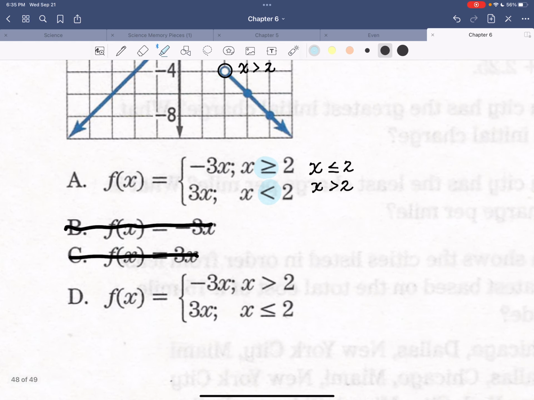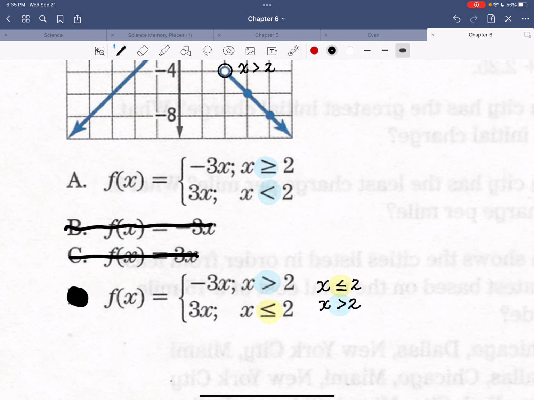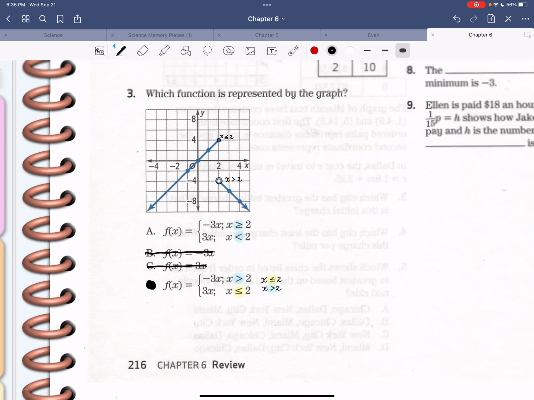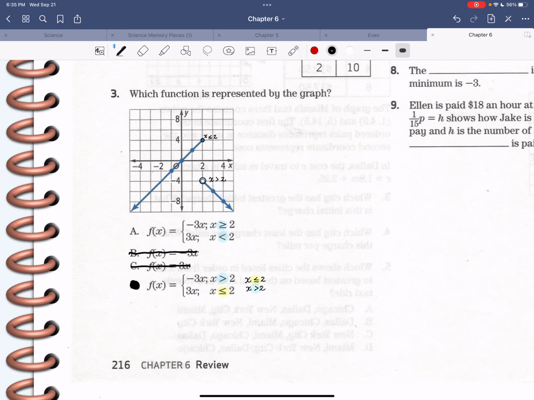So let's bring it on down here and hope it matches this one. They do match. They're flip-flopped, but in other words, this one and this one match. And then this one and this one match. So the answer we want to choose is D. B and C are both linear. They're not piecewise. So we could eliminate those.